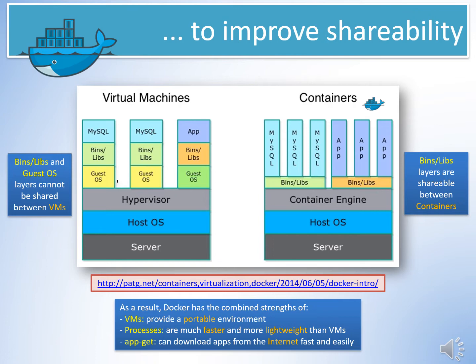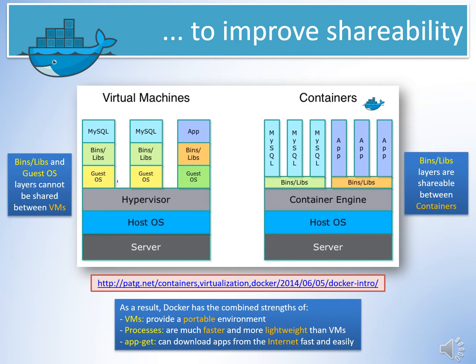With Docker, data is structured differently. Instead of using a single file for all layers, Docker uses a file for each layer. So if two Docker containers need the same layer, then they will share the same file.